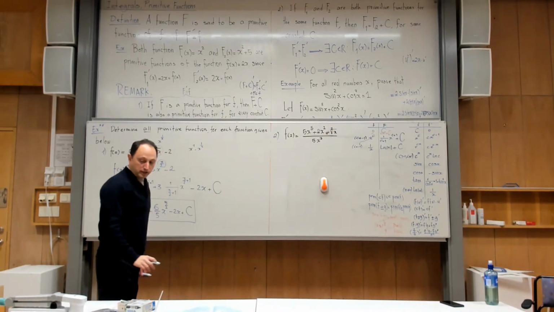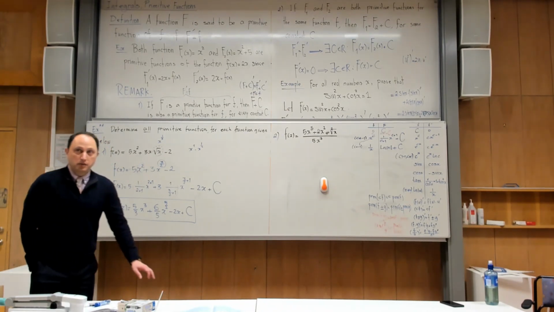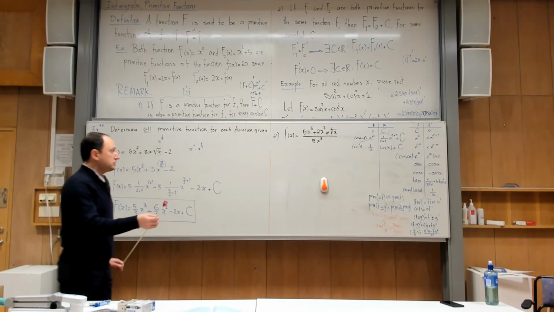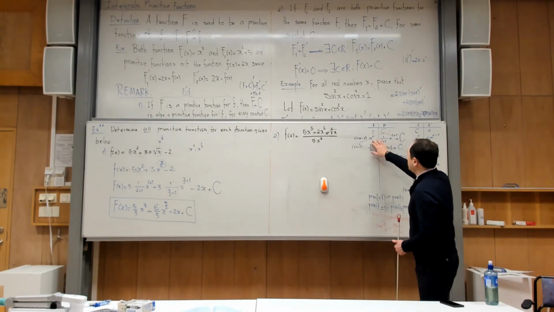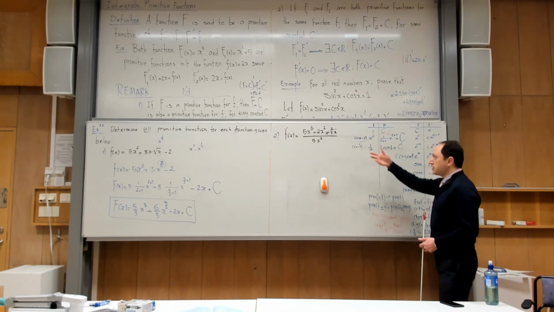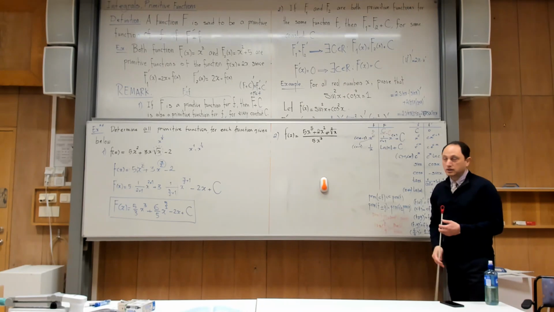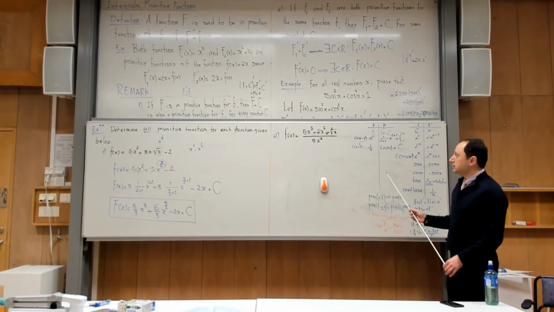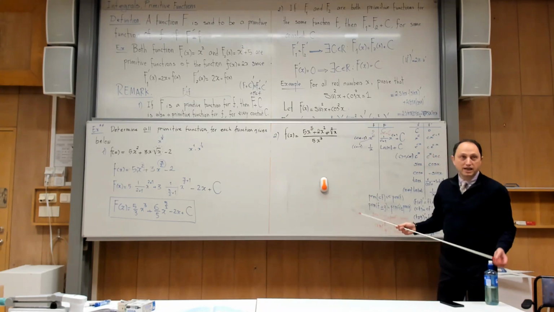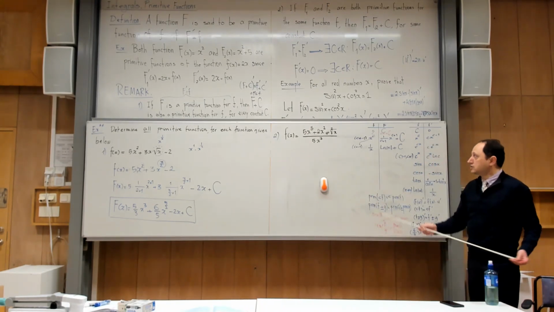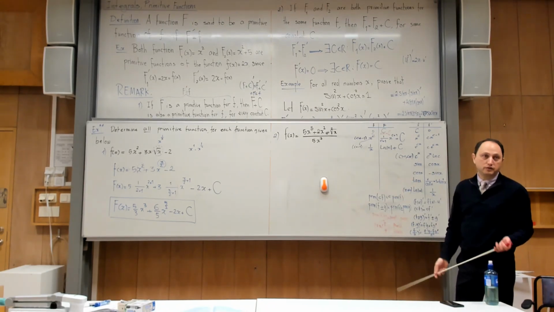So you want to find a primitive function here. By the way, if you see I ask you to guess a function whose derivative is this one, you might think that you are guessing all the time, but it is not the case. If I ask you, find a function whose derivative is this one, there is no guessing going on. This is so complicated that we cannot guess a function whose derivative is this one.